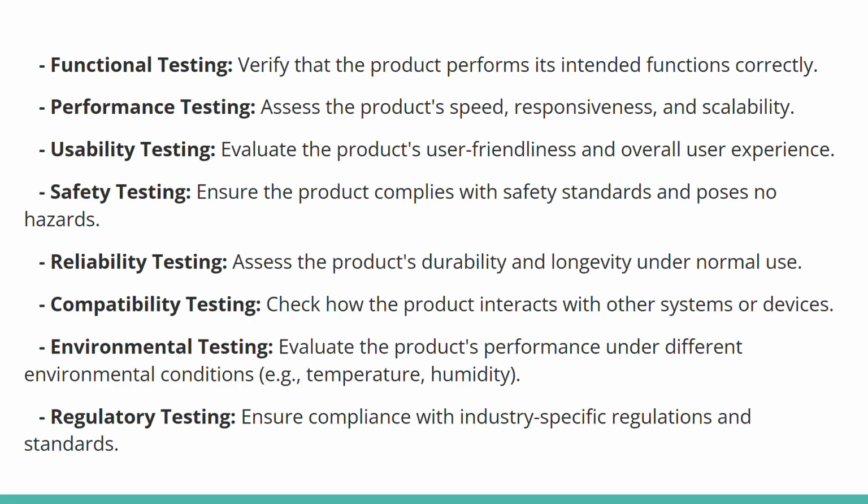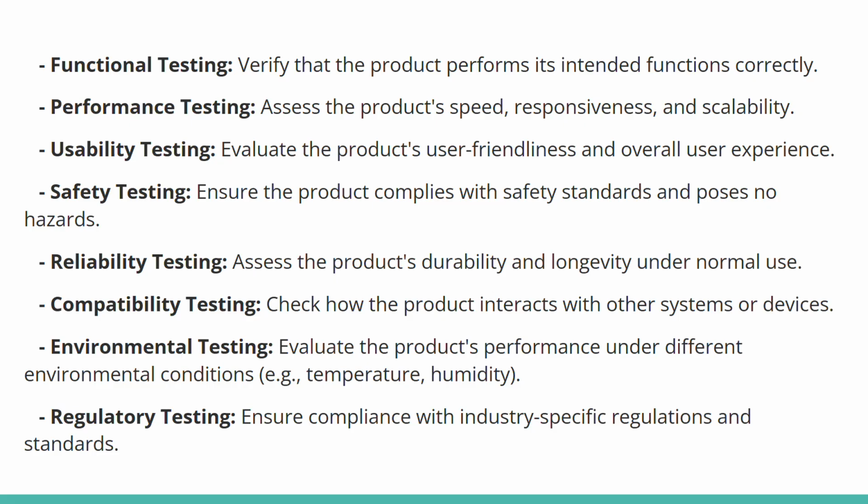Next is safety testing. Ensure the product complies with safety standards and poses no hazards. Next is reliability testing. Assess the product's durability and longevity under normal use. Next is compatibility testing. Check how the product interacts with other systems or devices.